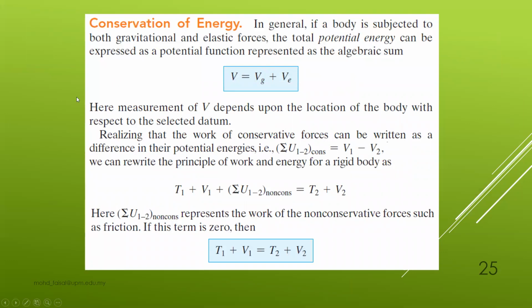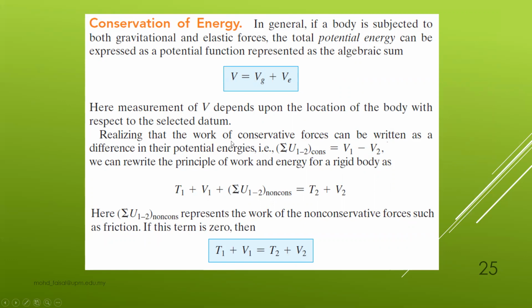Then we have the conservation of energy. In general, if a body is subjected to both gravitational and elastic forces, the first term here is the gravitational, and the second part is V due to the elastic forces.